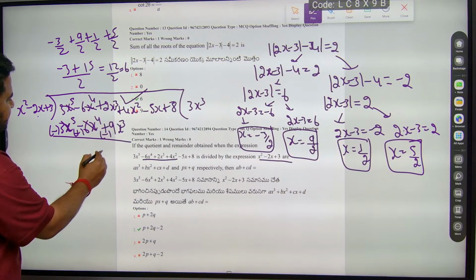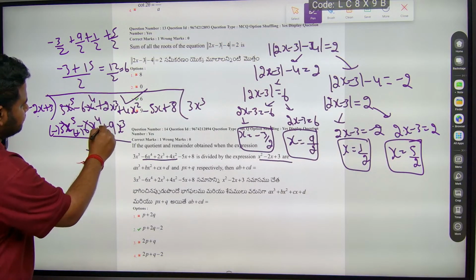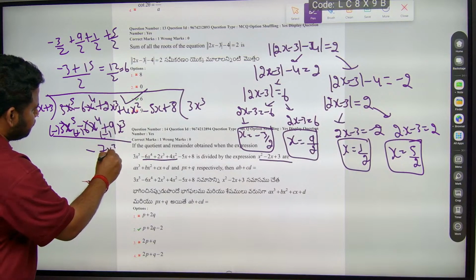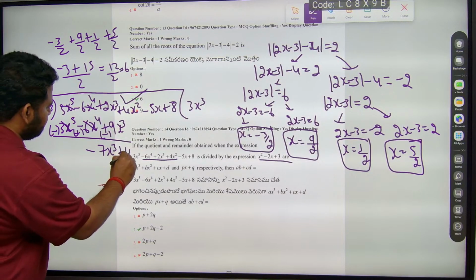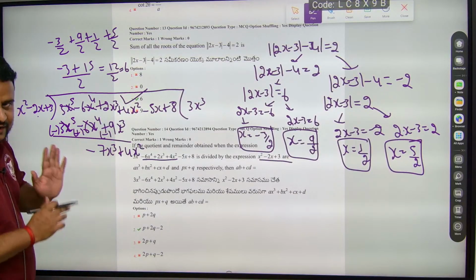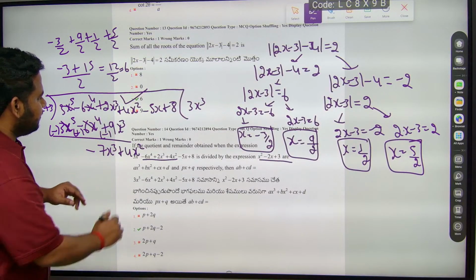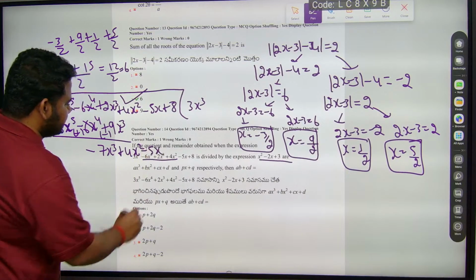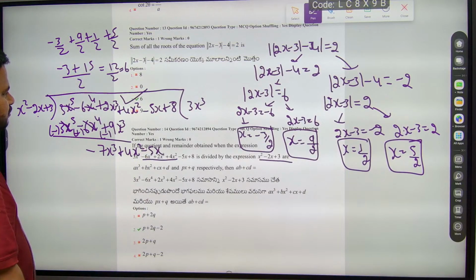So what I will have, friends, is minus 7x cube plus 4x square minus 5x. Please observe, focus only on the violet color I am writing.